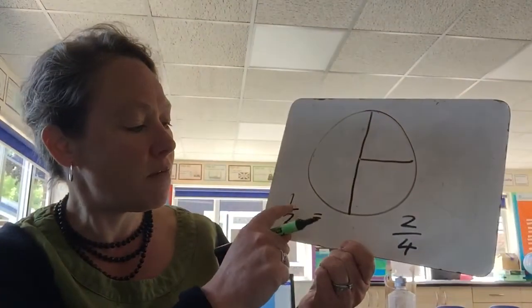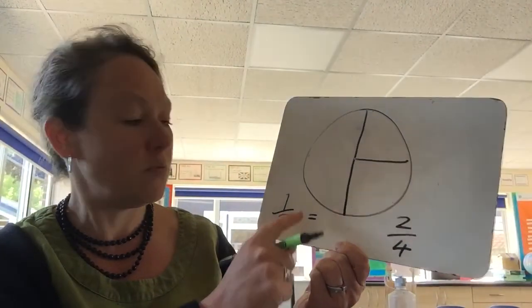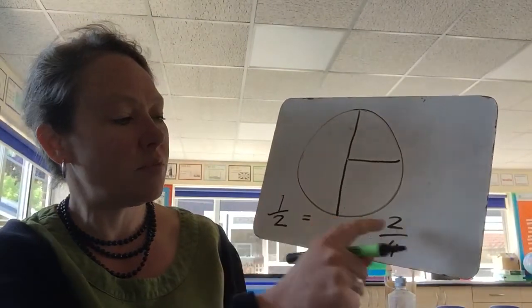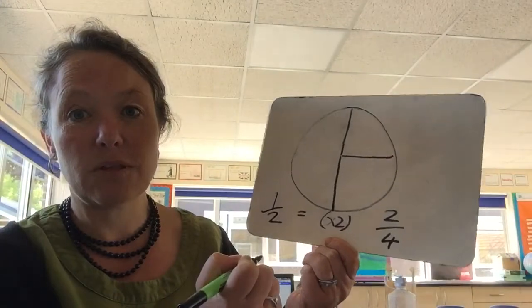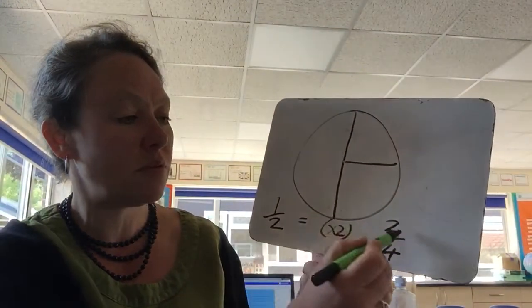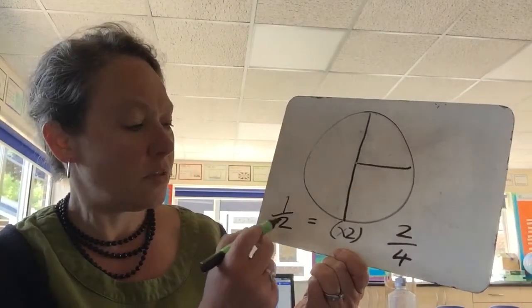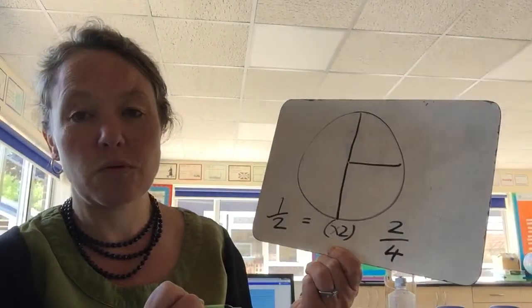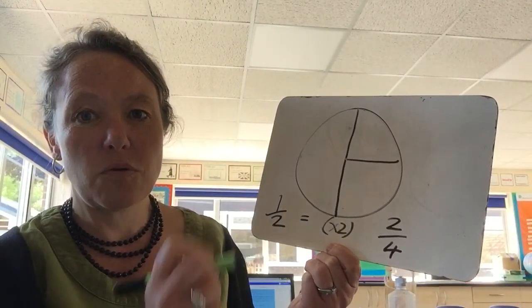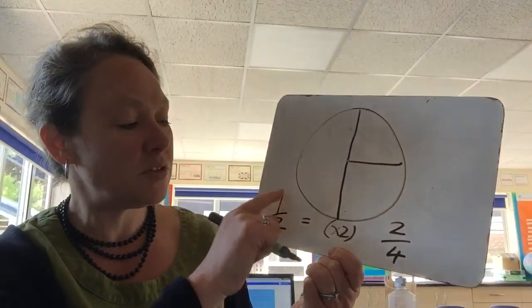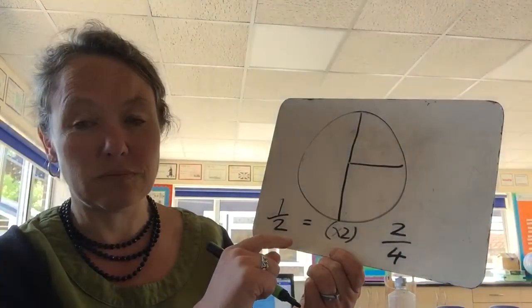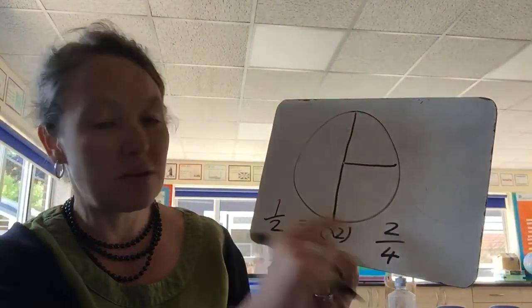Okay, so here we're timesing by 2, because 1 times 2, and we can put that in the middle there if you like, so you remember to do it. That's quite a good thing to do. 1 times 2 equals 2, and 2 times 2 equals 4. Okay, so we've simply done to the top what we've done to the bottom, and that is timesing it by 2.